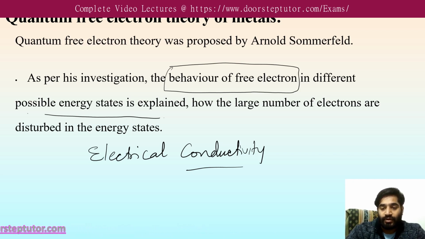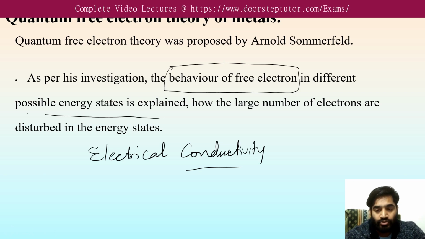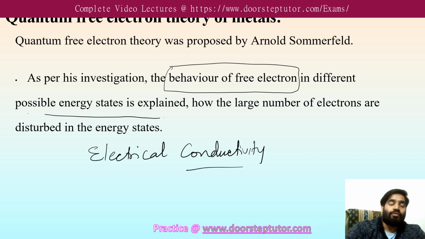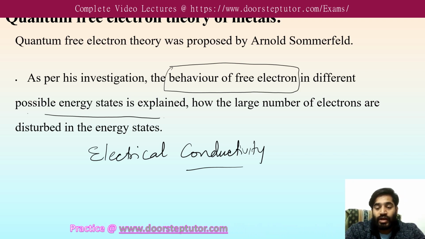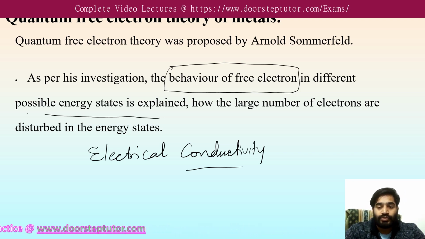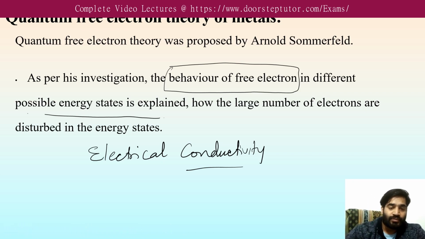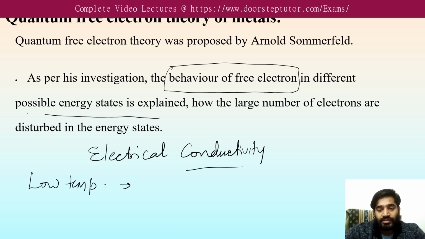Also, it talks about the heat capacity. The Sommerfeld model provides a more accurate explanation of the electronic contribution to the heat capacity of metals. For example, at low temperature, the metal's heat capacity is proportional to temperature.